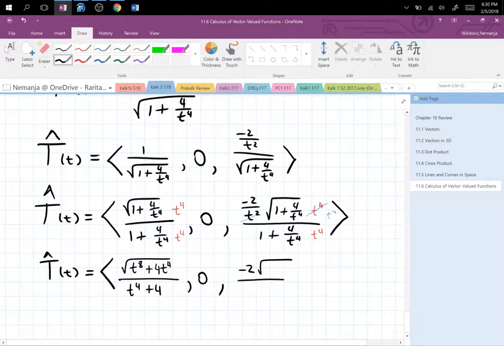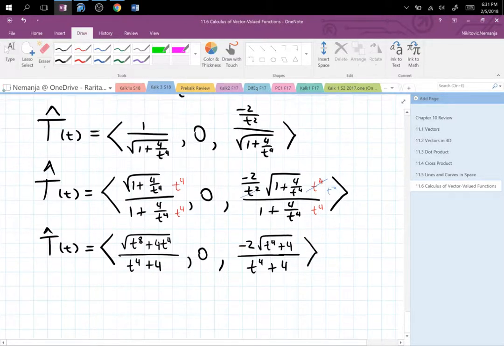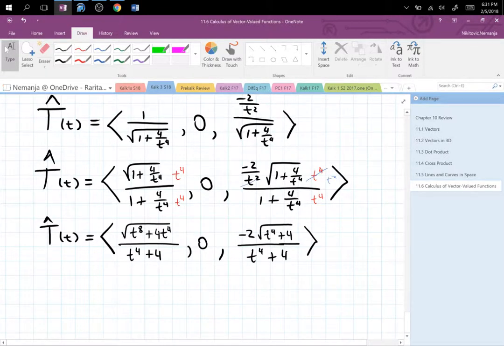And now when t squared undergoes the square root, it becomes t to the fourth, and then plus 4. And down there is just t to the 4 plus 4. Are we happy with this? Oh, spicy. This is algebra. We're not done yet. One more. We can factor out t to the fourth, and it goes in front as t squared.